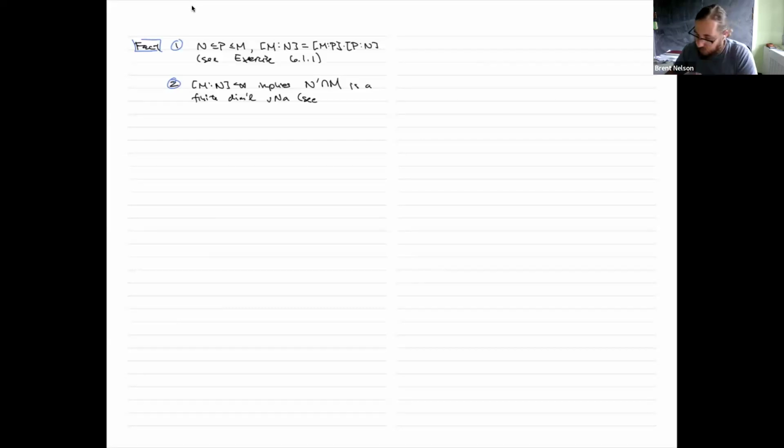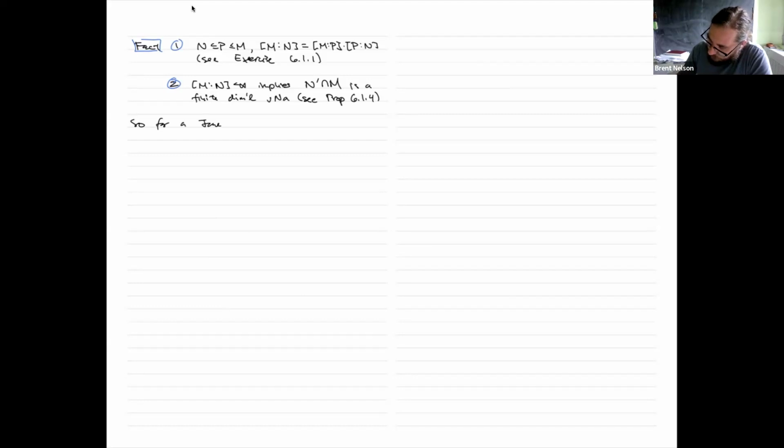And this we actually prove in the notes. This is proposition 6.41. So it's a finite dimensional von Neumann algebra, and those are just some direct sum of matrix algebras.